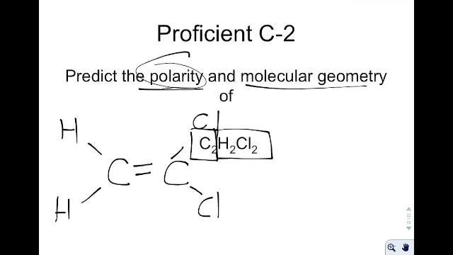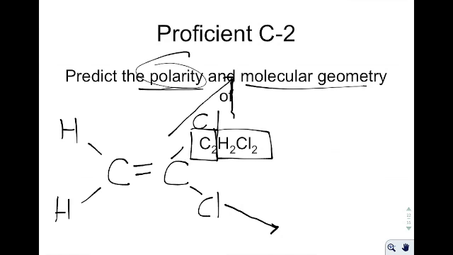So when I put that double bond right there, now this is an example of a particular molecule. If I were to predict the polarity of this molecule, I would say that it is a polar molecule. And the reason why I would do that is this chlorine right here is much more electronegative than this carbon. So if you were to look at it, there's a pole here and a pole here. When those two things pull, the up and down pole are going to cancel each other out.